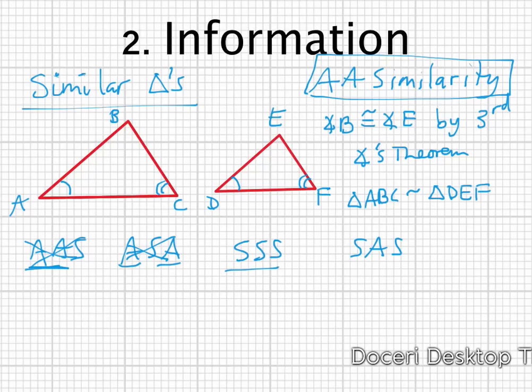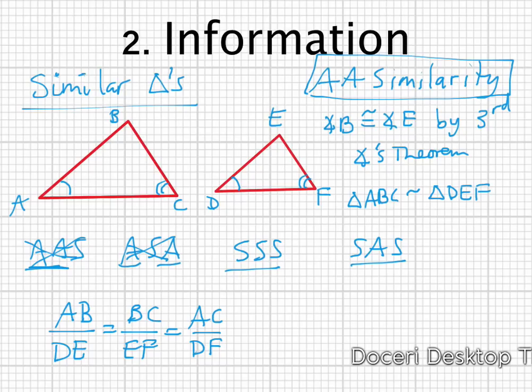So for side, side, side, what this says is if I have my sides proportional, so if we look up at the two triangles in the diagram above, if AB over DE equals BC over EF, and that's also equal to AC over DF, then I have similarity. This is side, side, side similarity. If this is true, then the two triangles will be similar. Okay?